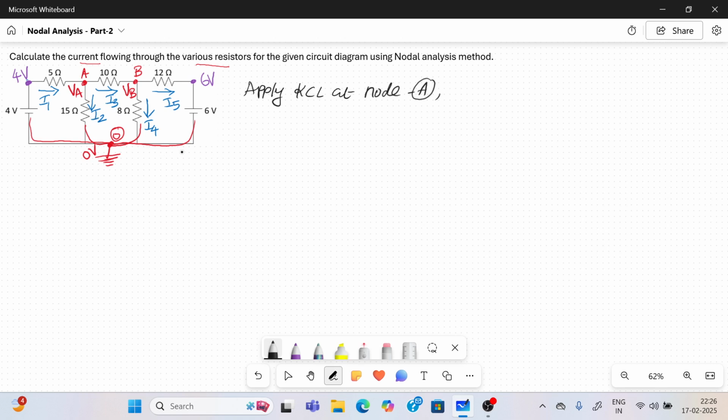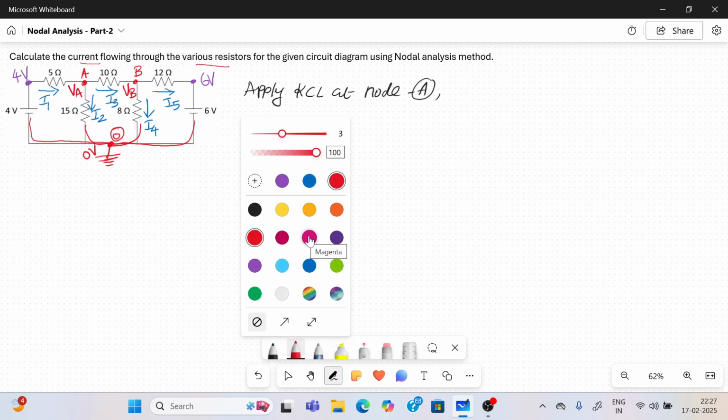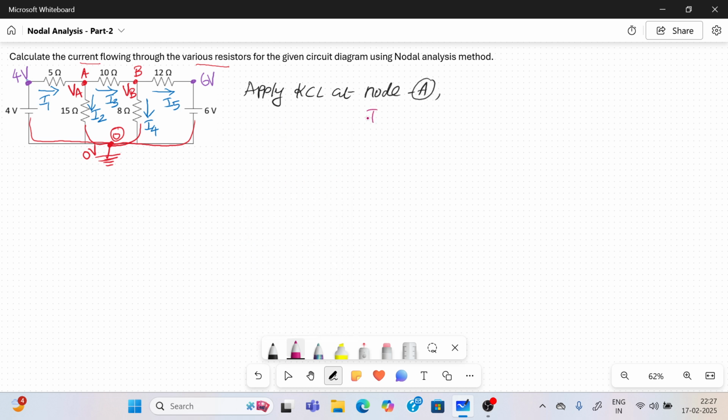Kirchhoff's current law: at a junction point, the sum of the currents entering is equal to the sum of the currents leaving. Here, the current I1 is entering and I2 and I3 are leaving.